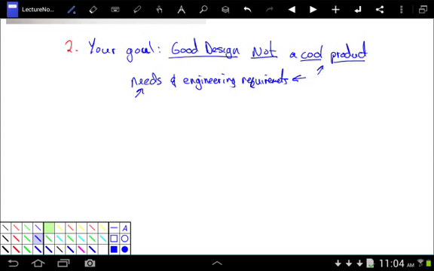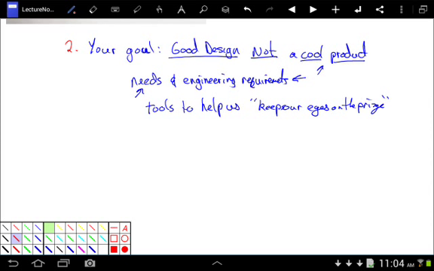And much of what we will learn this semester are tools to help us, I like to say this, keep our eyes on the prize, right? And what is that prize? These engineering requirements.